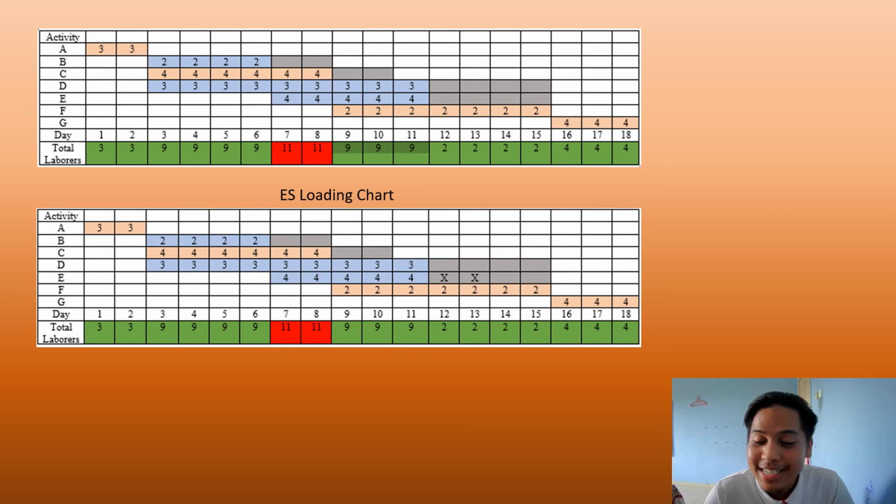The one that I did here is I relocated the resource of activity E on days 7 and 8 to days 12 and 13. By doing this, we reduce the resource use in days 7 and 8 by increasing the resource use in days 12 and 13.